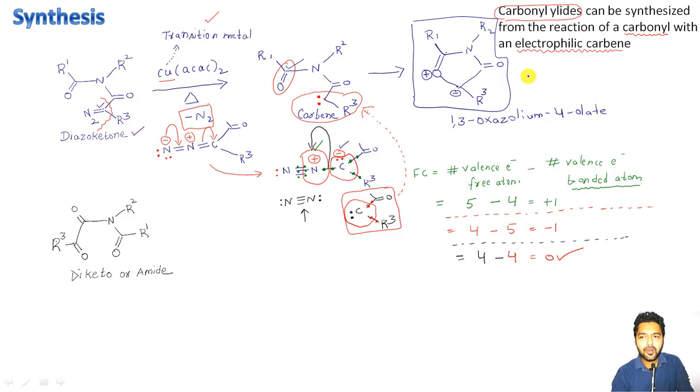And I can draw here an equivalent structure anytime I want, and that will be like this: oxygen negative here, this will be having a positive charge, R3 here on this side, R2 here, and my R1 here on this side, okay?